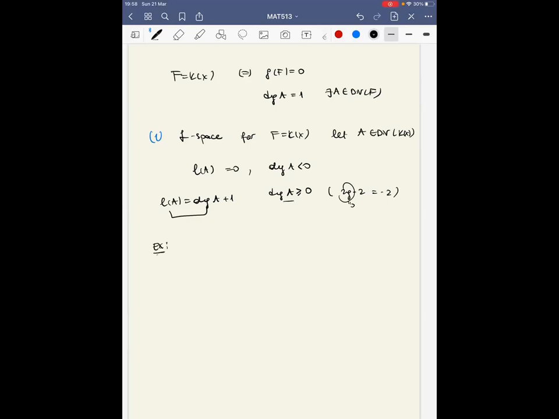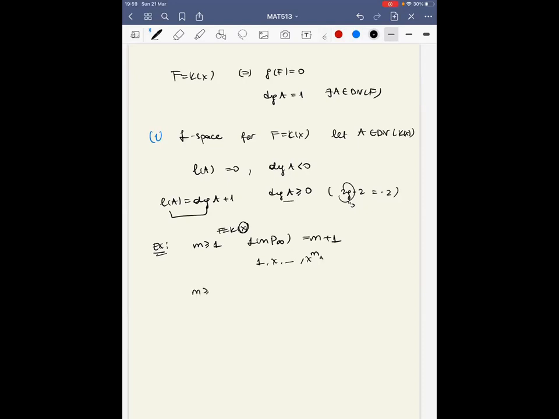For instance, as we have considered before, if you consider the divisor n p infinity, here p infinity denotes the pole of x, and in this case, directly we can say that it has dimension n plus 1, and the powers of x up to n form a basis.